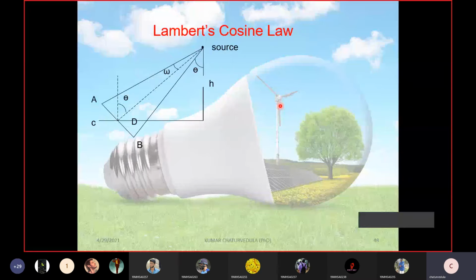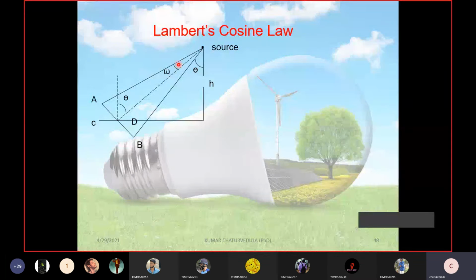Here I am taking the diagram for Lambert's cosine law. So here is the source, and the surface AB is in the perpendicular direction to the source. From the source, you can see this is the surface AB.